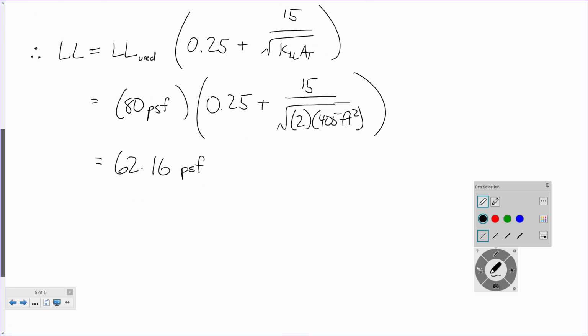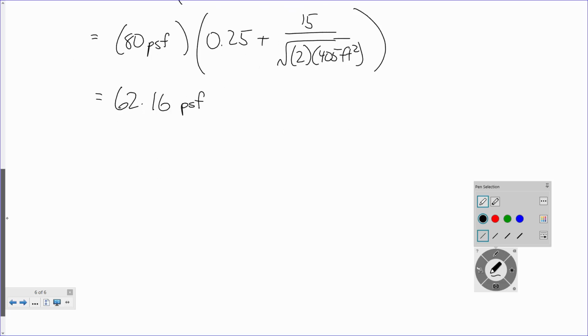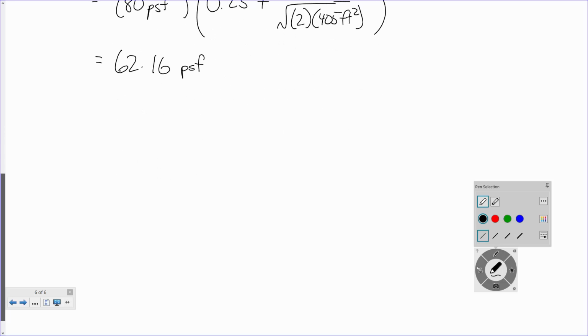Okay. Now, if I have a dead load and a live load, I can factor that right now and determine a factored load. What is my load combo that's going to govern? Now, if you're wondering where those come from over here, those are LRFD load combos that take into account statistical uncertainty with each load.